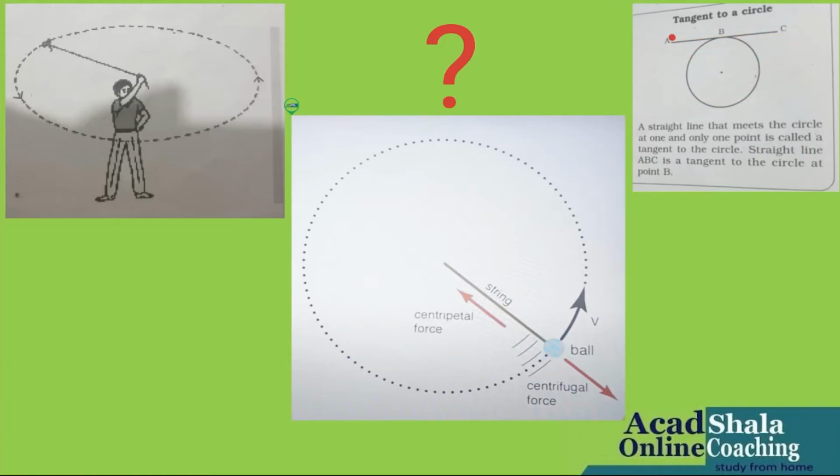The straight line ABC is a tangent to the circle at point B. That means when the boy released the thread along with the ball or a stone, the stone came over here at this position, made a tangent and went straight away. So this is how, when it went straight away along a tangent to the circle, this centripetal force was not there.